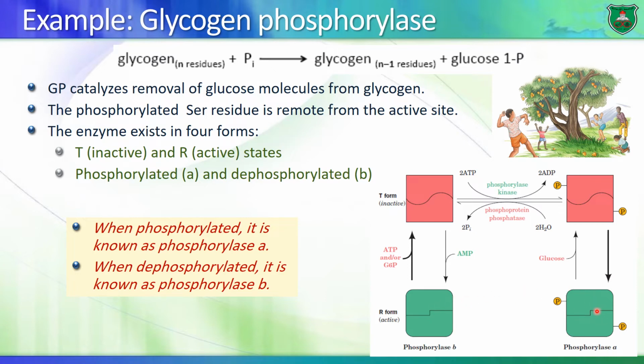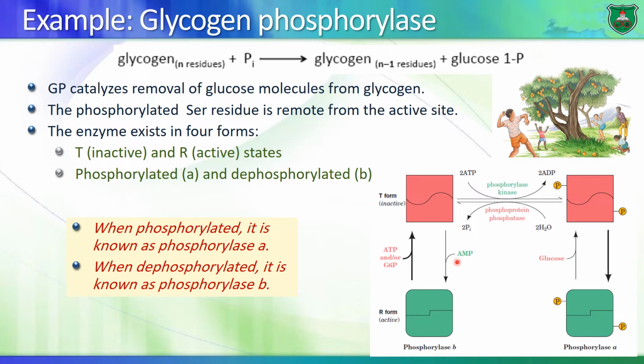Both phosphorylase A and phosphorylase B exist in 2 structural forms, R form and T form. So this is an allosteric enzyme, just like hemoglobin.